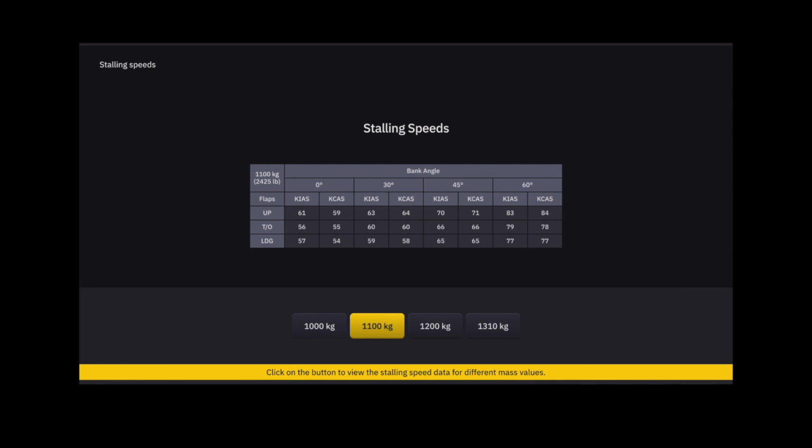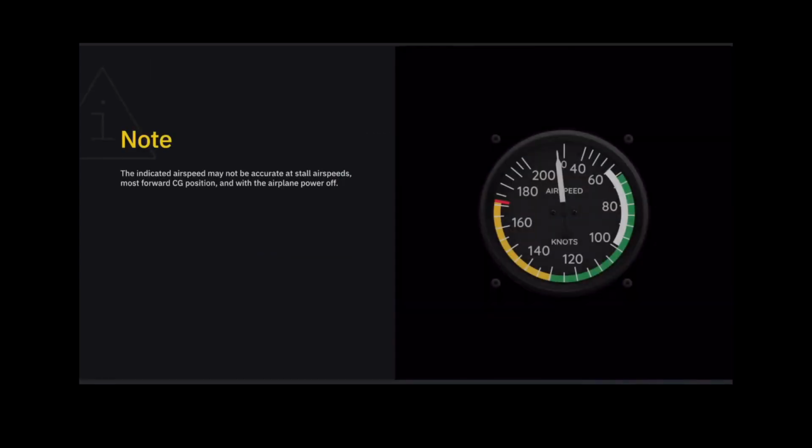Click on the button to view the stalling speed data for different mass values. Note: the indicated airspeed may not be accurate at stall airspeeds, most forward CG position, and with the airplane power off.